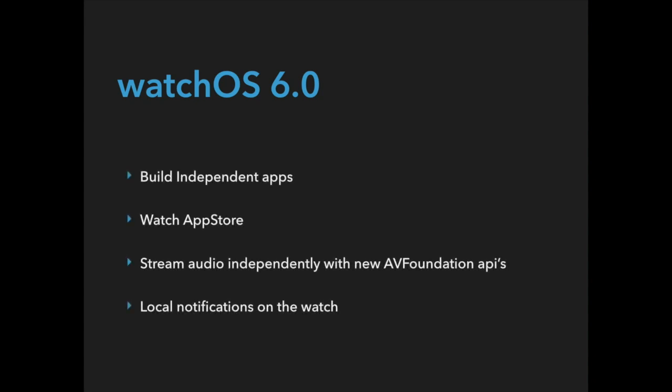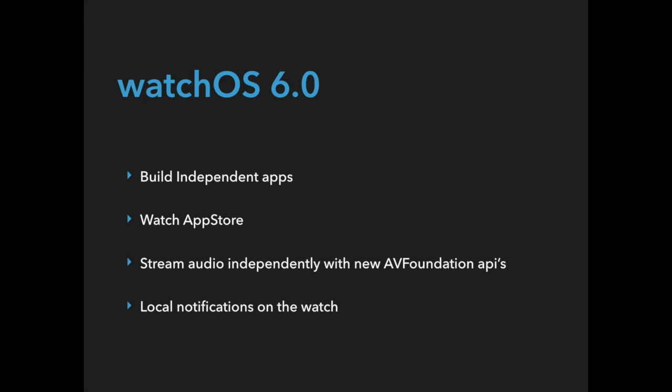So let's get started. So with watchOS 6, new SDK, you can build independent apps, which basically means you don't need a compatible iOS app. And that, I guess, would encourage developers to put more apps on the Watch App Store, which now is directly available on the Watch so that users can download apps. Apart from that, Apple did release its Streaming AV Foundation API to developers.